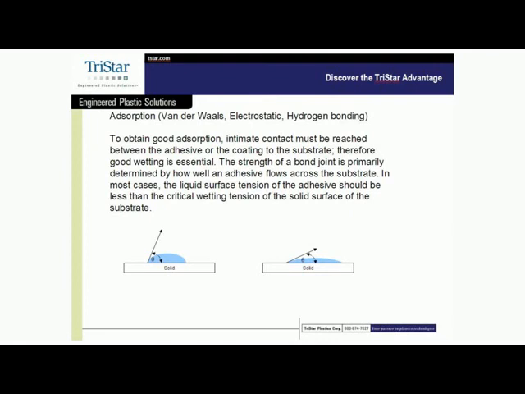The illustration at the bottom of this slide shows a surface that is normal for polymers, in that it's hydrophobic, meaning the water will bead up on the surface like a little ball. That lets us know that it is not a wettable surface. Most likely the adhesive or coating is not going to stick to it. It's a non-bondable surface.